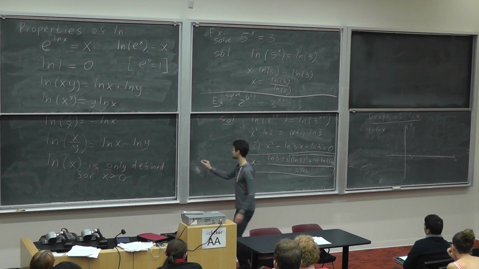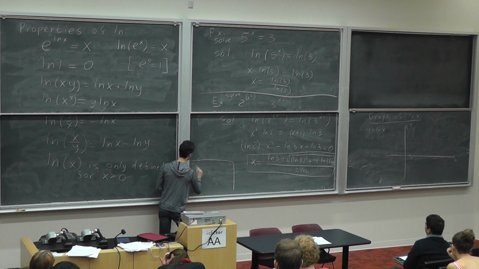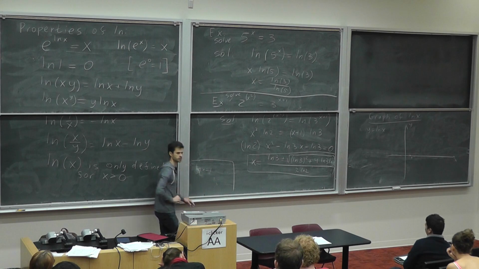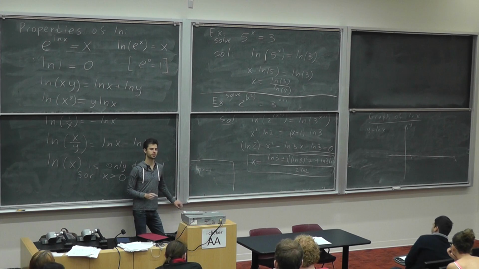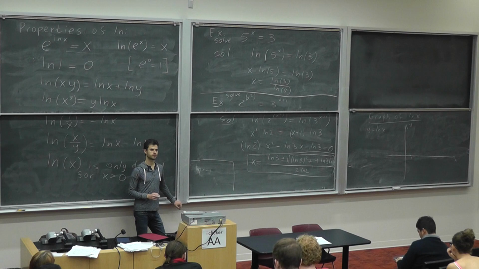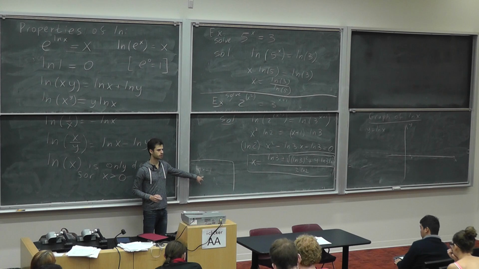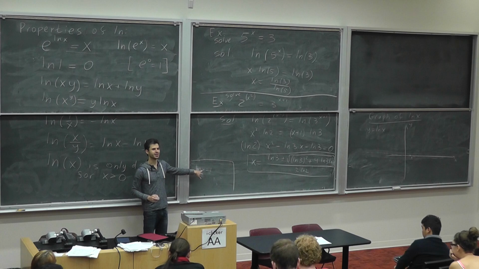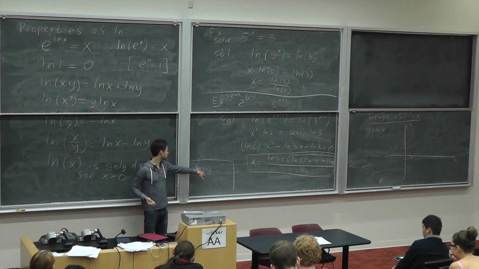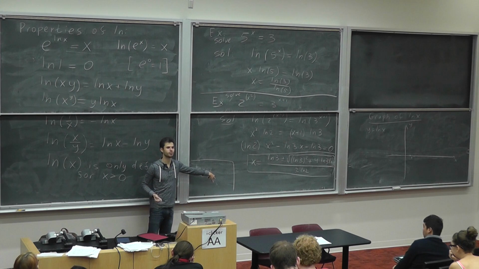Okay, so let's discuss this small question. I want to find the number x such that ln of x is 1. What is this number? e to the power... Okay, so what is the definition of ln of x being some number y?